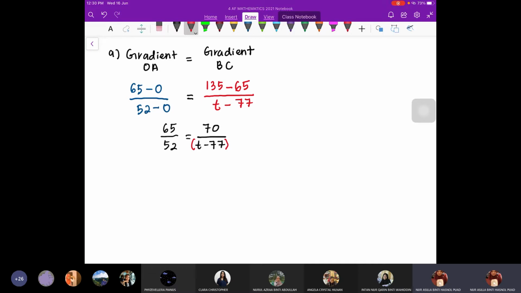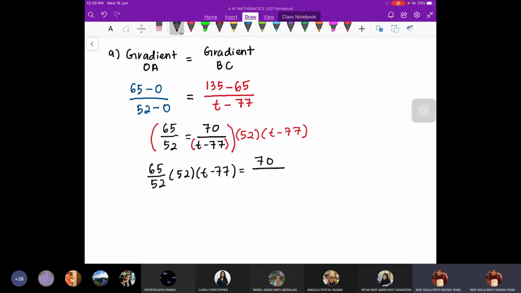So every denominator that I see adalah 52 dan juga t minus 77. Okay, so jadilah 65 over 52 times 52 times t minus 77 equals to 70 over t minus 77.